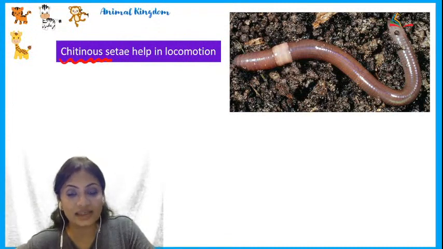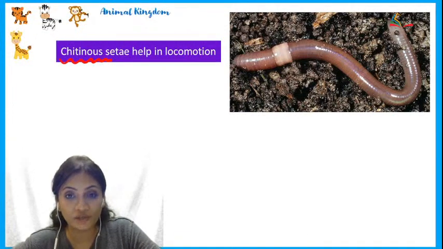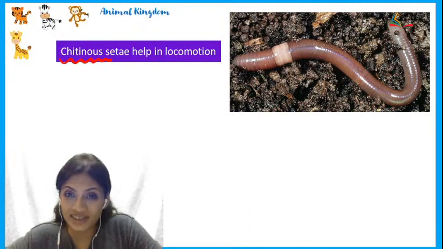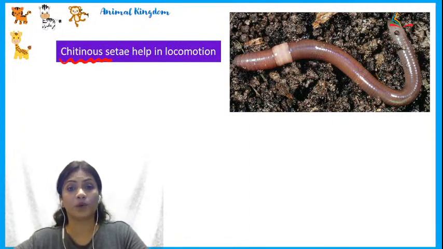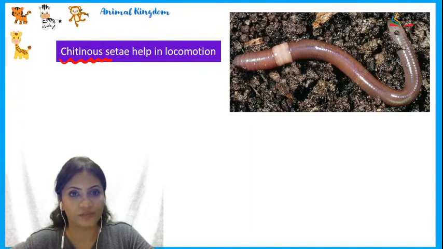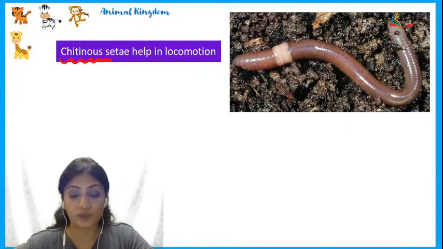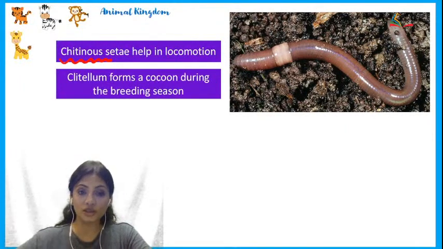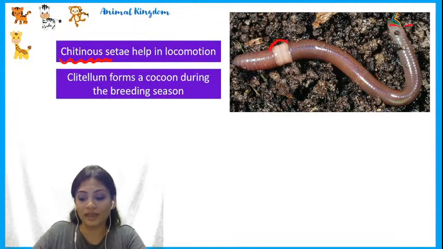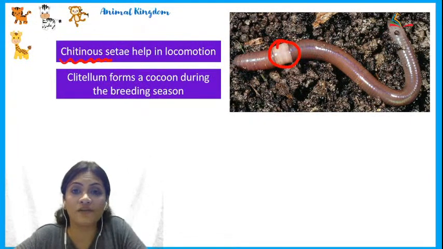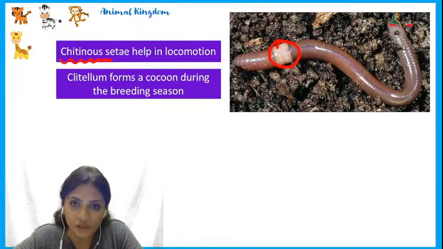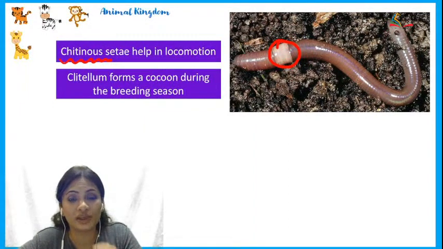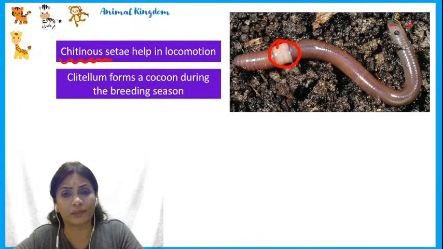These chitinous setae are going to help this earthworm in locomotion. What is chitin? Chitin is basically a polysaccharide, that is a carbohydrate. Also, we see that this clitellum that's present, what is the main function of it? The main function of the clitellum would be during breeding season, during reproduction.